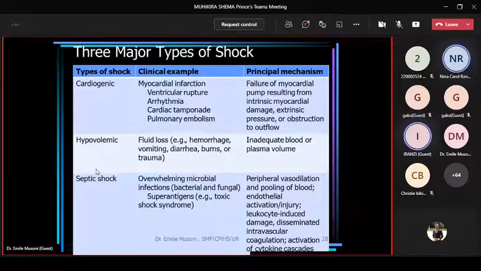Anemia is related to the hemoglobin, meaning that you can have an accident and there will be hypovolemic shock.